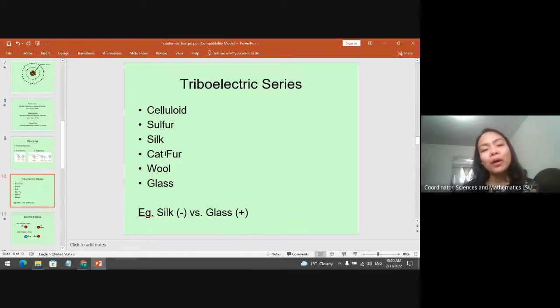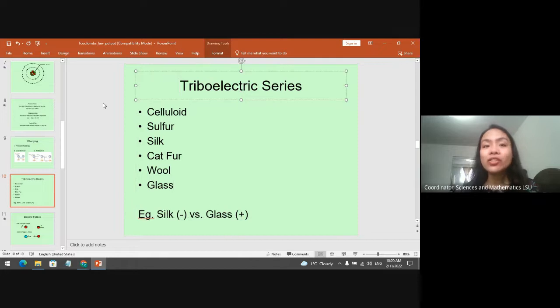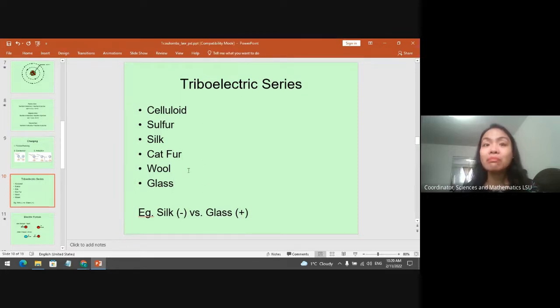Say for example, we have celluloid, sulfur, silk, cloth, fur, wool, and glass. These materials are arranged according to the triboelectric property, or the affinity for electrons. As the materials go up, they become negative, and as they go down, they become positive.